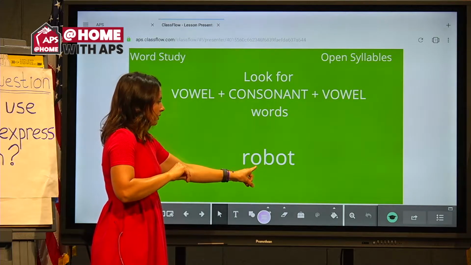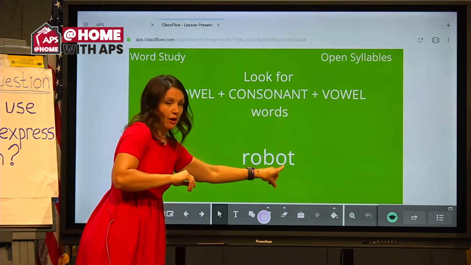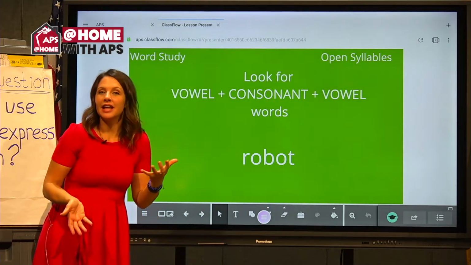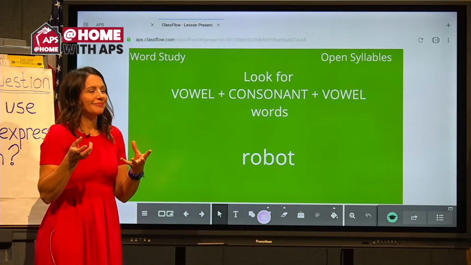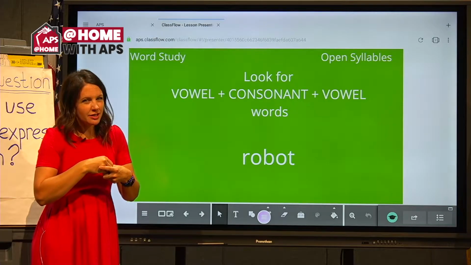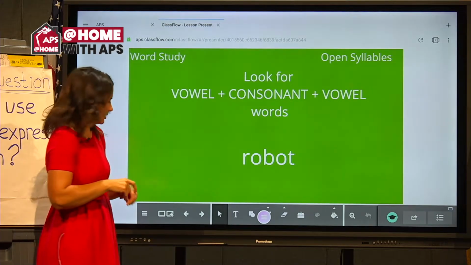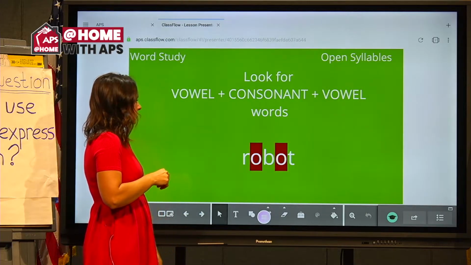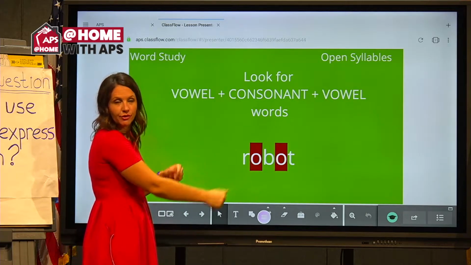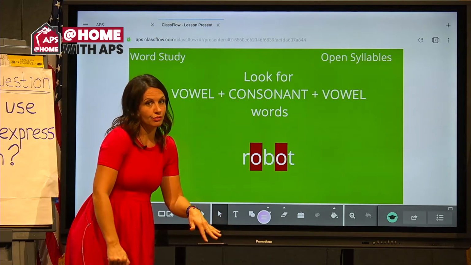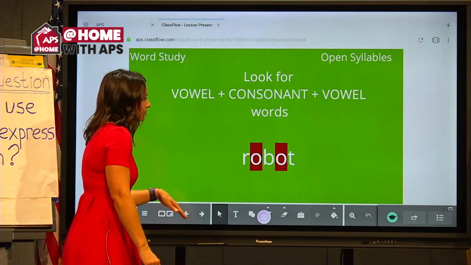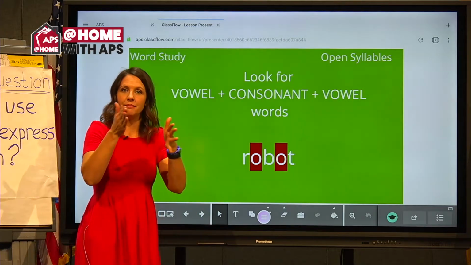I see a vowel, consonant, vowel. Yes, there are other letters in this word, but us word studiers, we know that the vowels are really important. So we need to show them off. I have two O's in this word with a consonant in the middle.